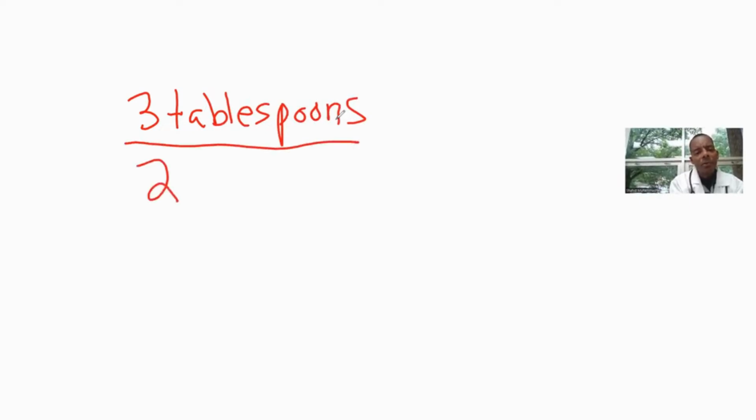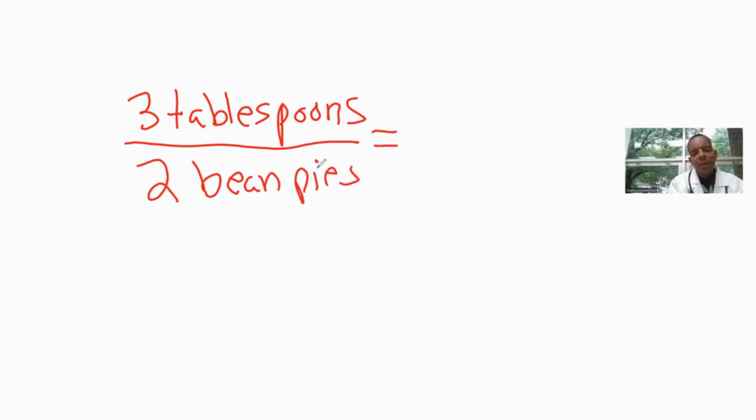Let's look at it. So his proportion would look like this. He used 3 tablespoons of butter to make 2 bean pies.